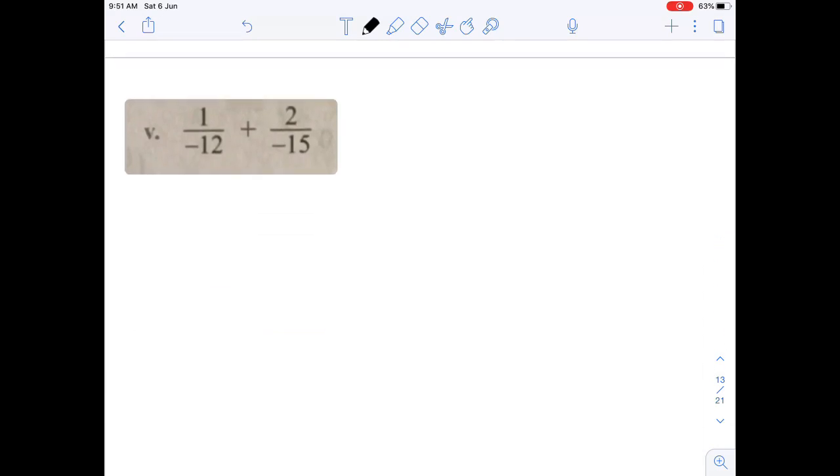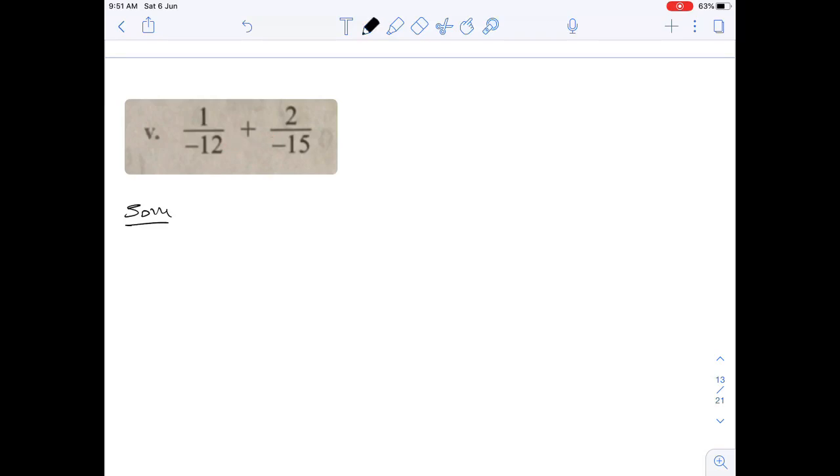In this question it can be seen that again both numbers have different denominators. Here also we will follow the same cross multiplication method, because these are simple examples, so cross multiplication is preferred.